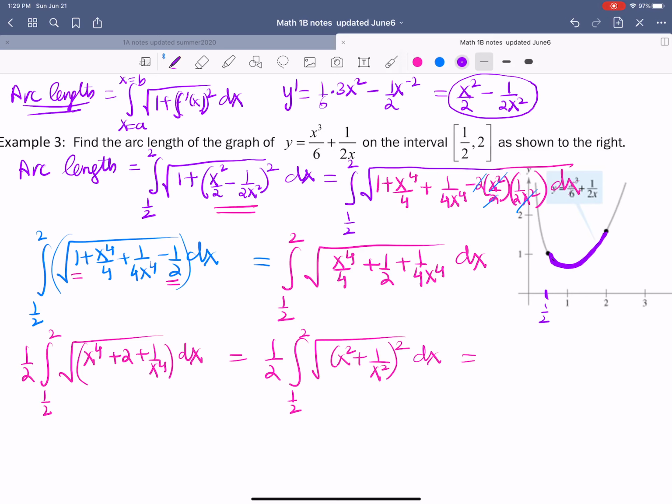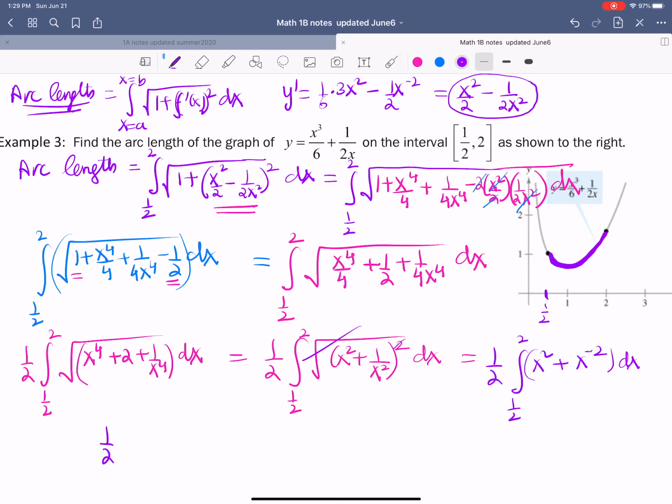Finally, we can get rid of the square and the square root, and my integral turns out to be 1/2 times the integral from 1/2 to 2 of x squared plus, I'm going to write it as x to the power negative 2, just because it's easier to look at when we are integrating. So we are left with 1/2.